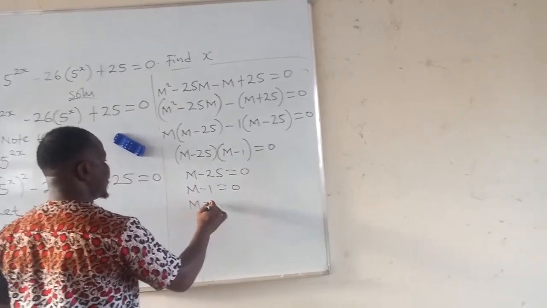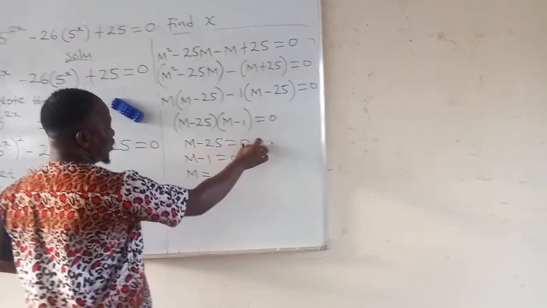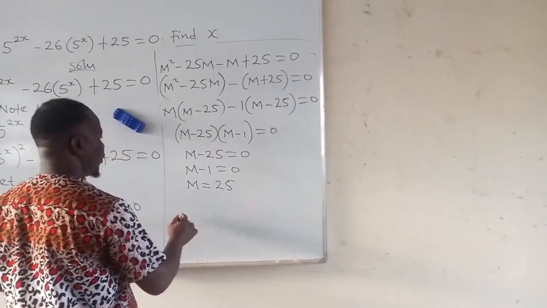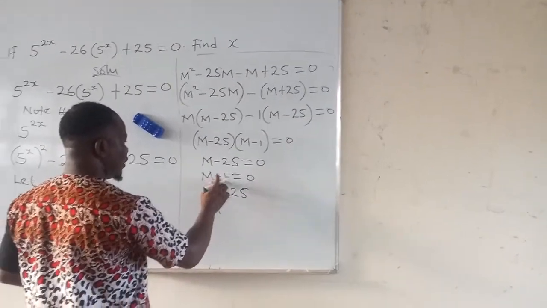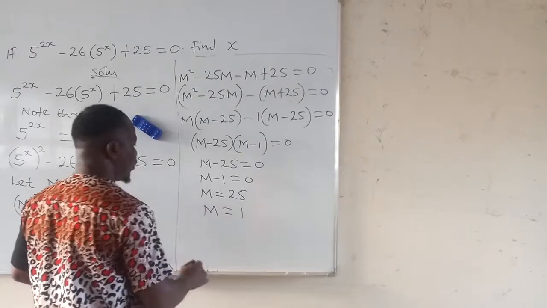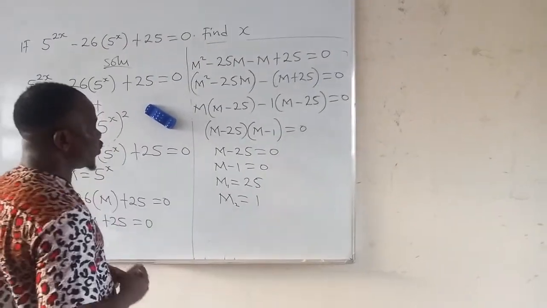So if this minus 25 crosses the sign of equality, it becomes plus 25. Likewise, this minus 1 crosses the sign of equality and becomes plus 1. So we assume this one to be m1, and this one to be m2.